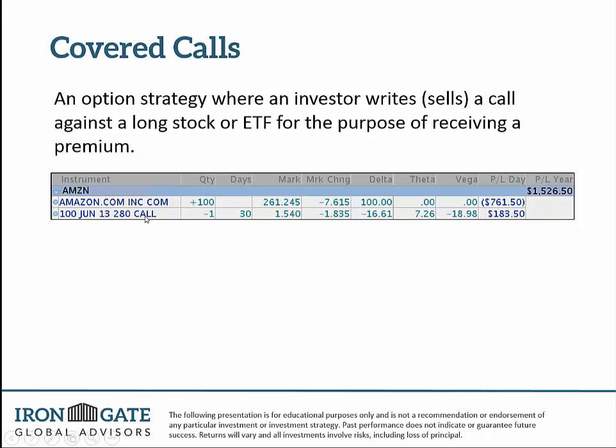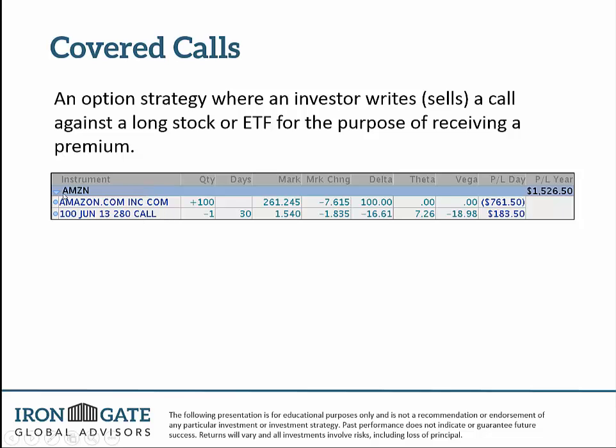But you know what? I need to be paid for it. And that 280 call, by the way, just so that we're all on the same page, what that means is if Amazon goes above 280 on an expiration date, which I'm not going to get into a great lot of detail, but if it goes above 280, then you will be forced and obligated to sell your Amazon stock at $280.